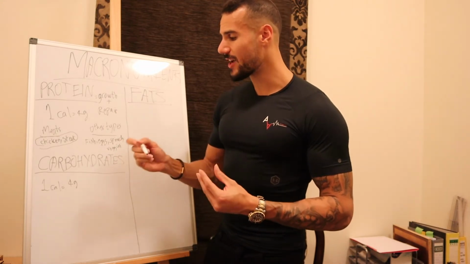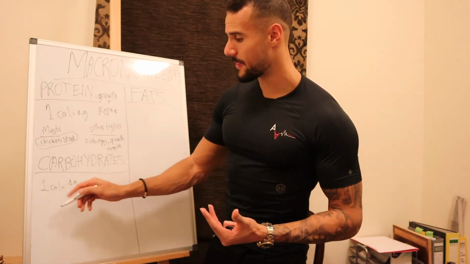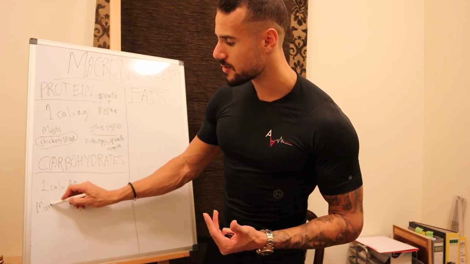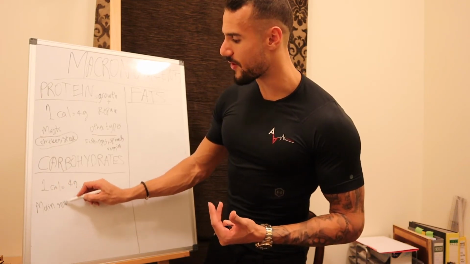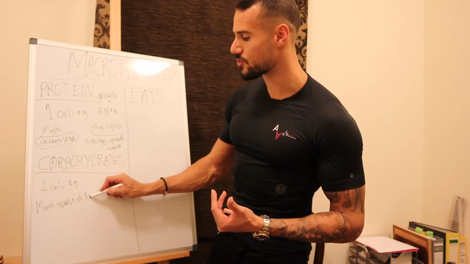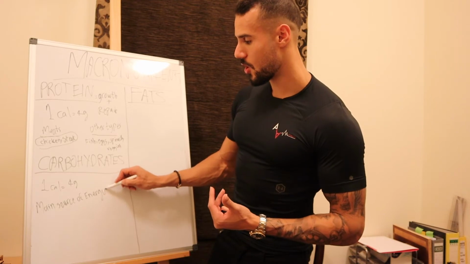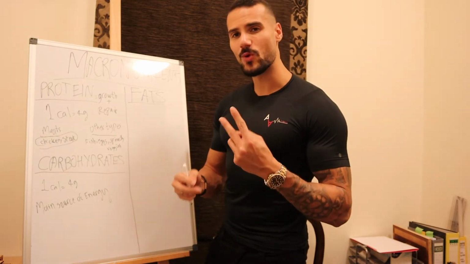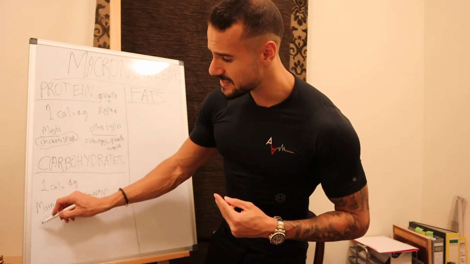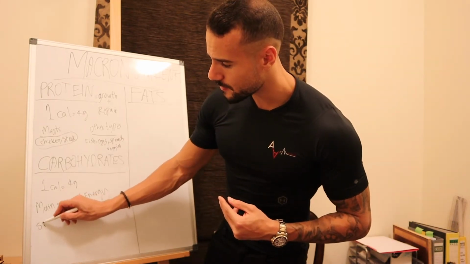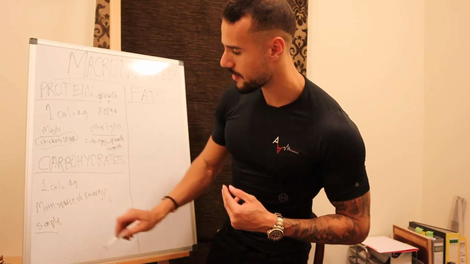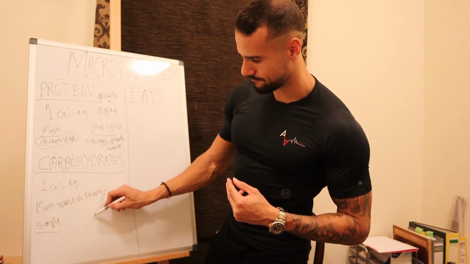So carbohydrates, what's the function of it? The function is its main source of energy. That's the favorite source of energy for the human body. Alright? What are the types of carbohydrates? It's divided into 2 types. Simple, alright, and complex.